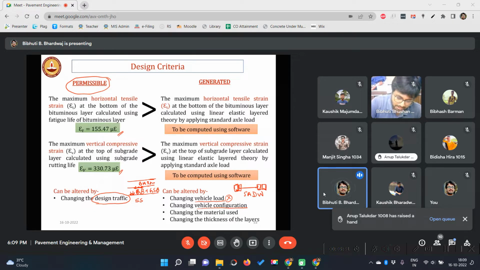Okay. Then we can try changing the materials which are used, or we can simply change the thickness of the layers. So mainly we will try with this one. We will increase the thickness of the layers if our generated strain is coming greater than the permissible values.